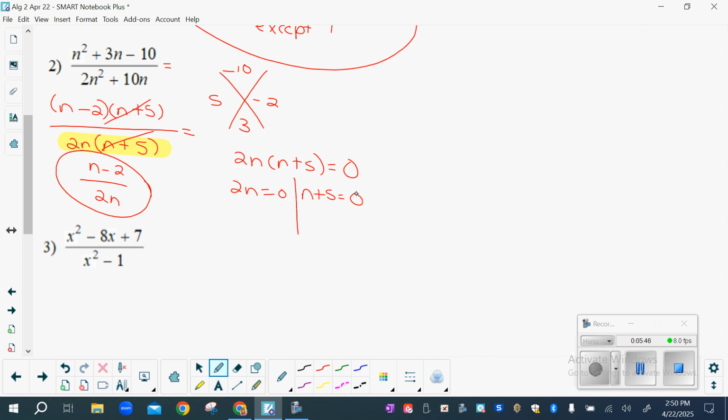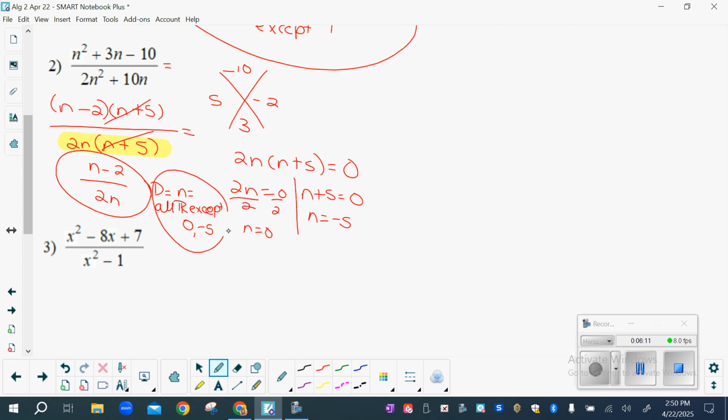So now, how do I solve this 2n equals 0? Divide by 2. n is 0. And then this gives me negative 5. So my domain is n equals all real numbers except 0 and negative 5.